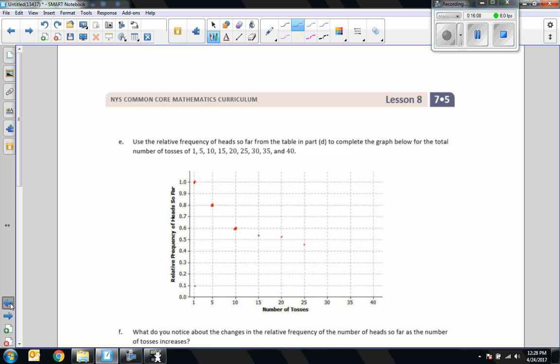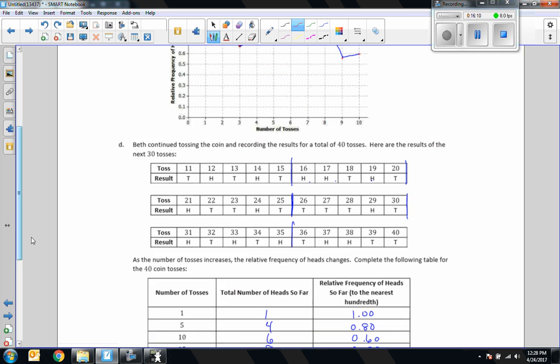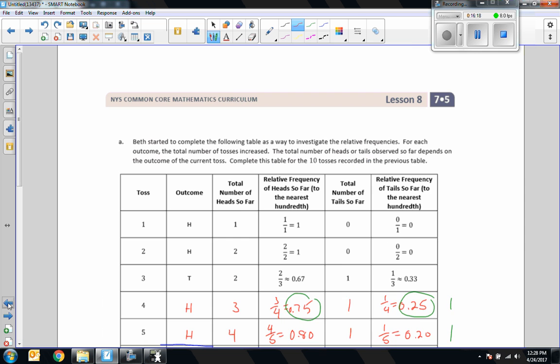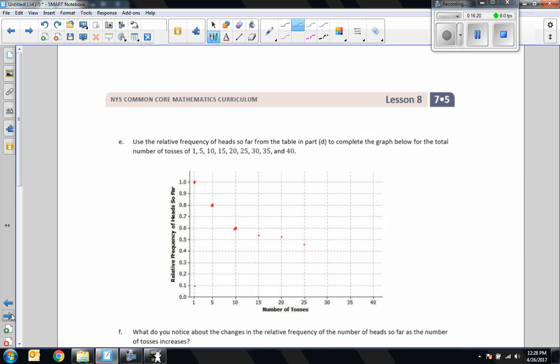Okay, now we have to check 30 and 35. Did I miss one? I think I did. So we have 1, 5, 10, 15, 20.